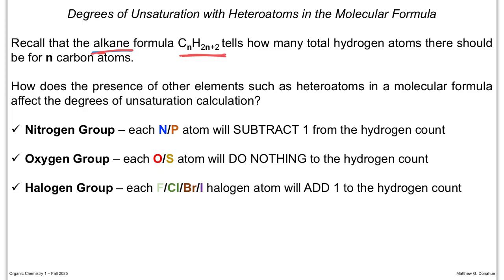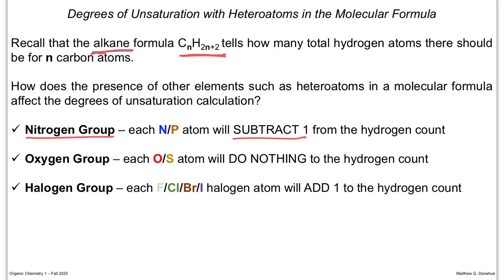So whatever you're given, you have to modify. So anything in the nitrogen group will subtract one hydrogen for any number of those nitrogens or phosphorus or whatever.